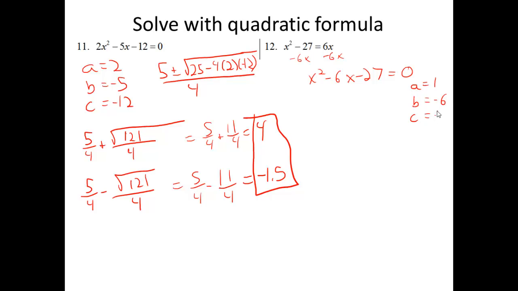C is equal to negative 27. Plugging that in, we have the negative of a negative 6 is 6, plus or minus the square root of b squared, which is 36, minus 4 times 1 times negative 27, all over 2.